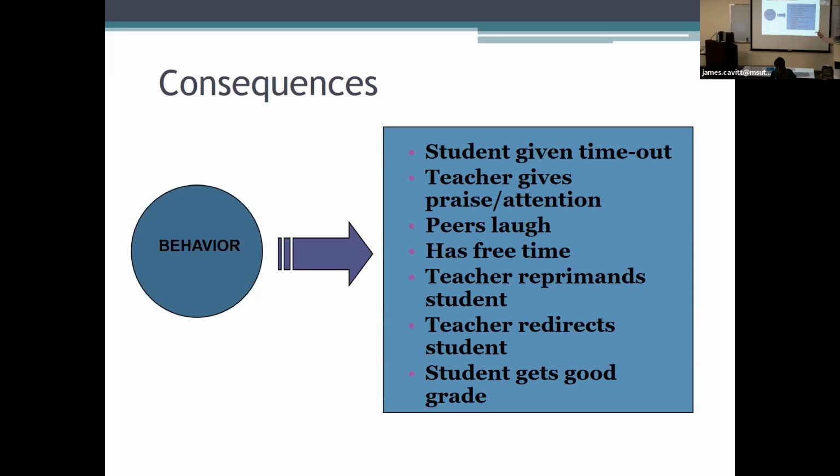If it maintains the behavior over time, it's not decreasing it, so it can't be a punisher, because a punisher decreases behavior over time. A lot of times we get kids that act out and the teacher says, oh, Johnny, stop doing that. And that's actually a positive reinforcer.